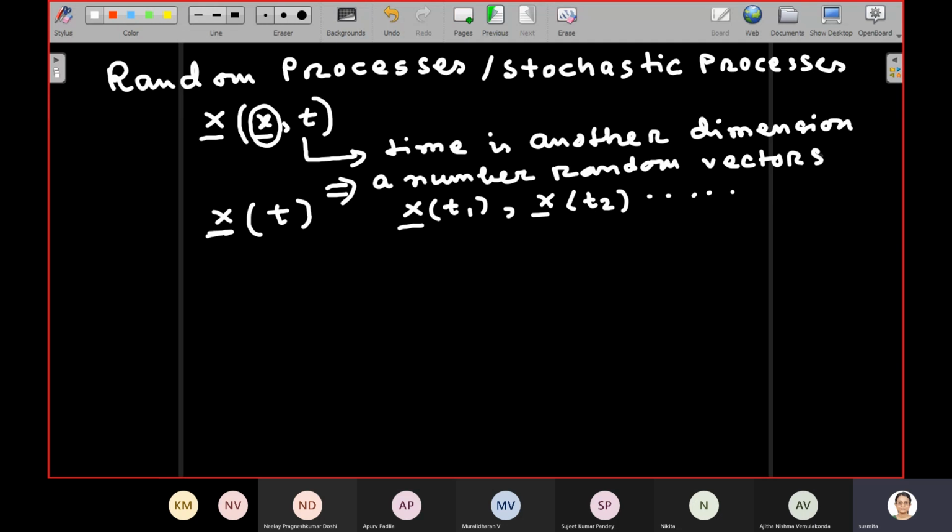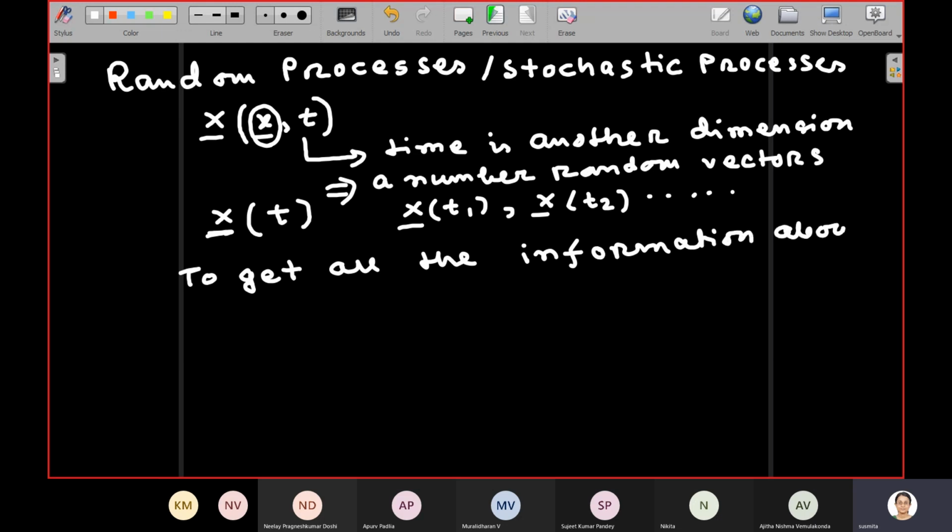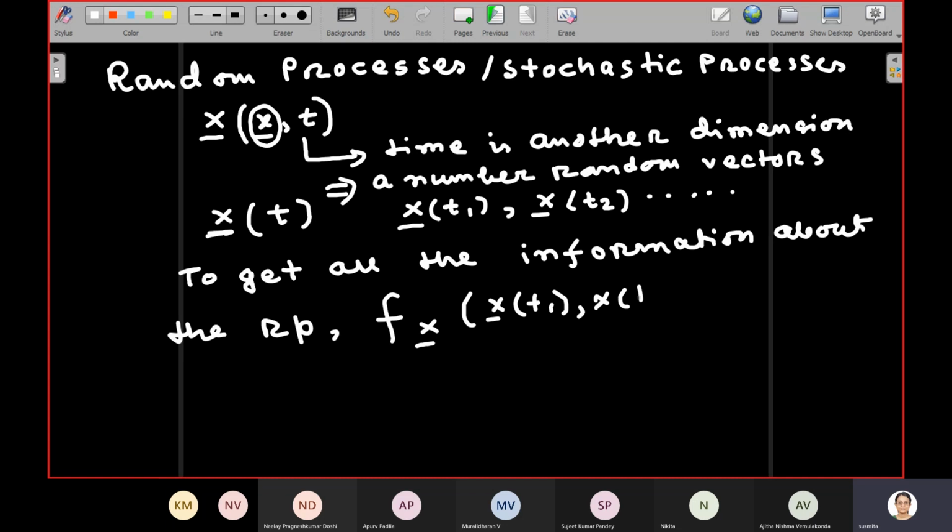So how do you get all the information about the random process? To get all the information, we need the joint PDF for all time instants: t1, t2, t3, t4 and so on, which we cannot get in reality.